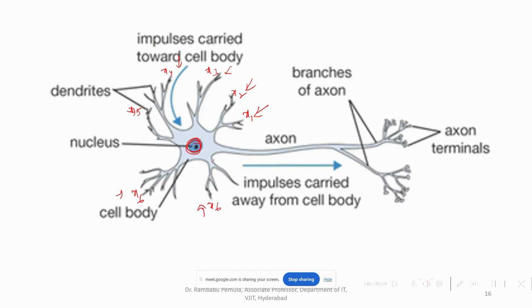All these are called inputs for this nucleus, and here it performs the summation of all the inputs and performs some operation. Then the output is forwarded to the next layer as input to the other neurons. So simply this is called a neuron.